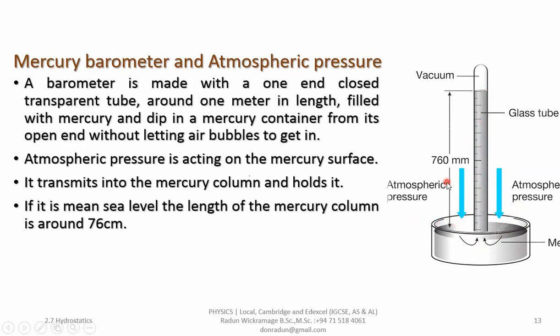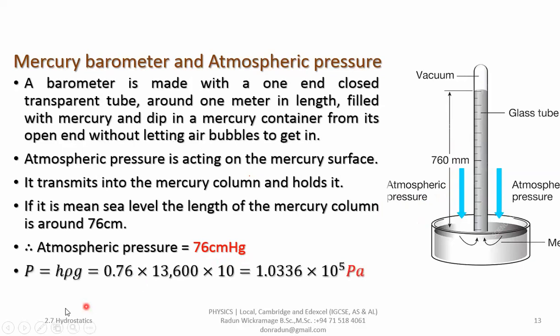At mean sea level, the length of the mercury column is around 76 centimeters or 760 millimeters. So we can say that atmospheric pressure is equal to 76 centimeters of mercury.